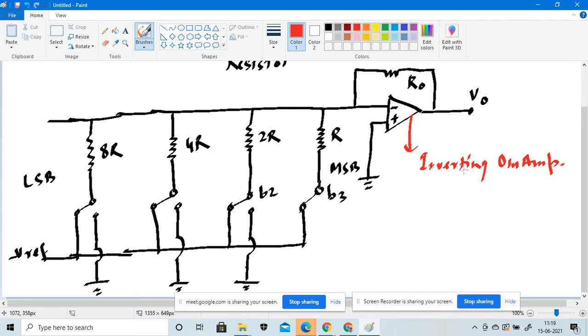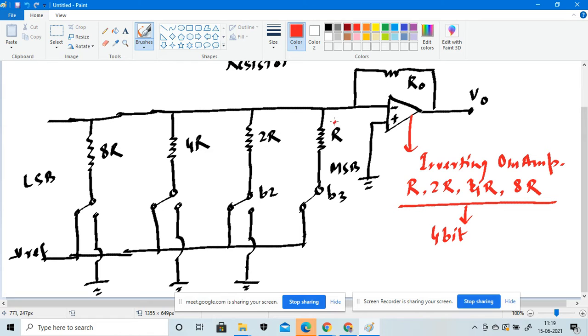Okay, and that particular resistor network has 4 bits, because we will consider the 4 resistors which will be R, 2R, sorry, 4R and 8R, that sequence we will consider. Okay, and this particular weighted resistor will produce 4 bits of numbers.